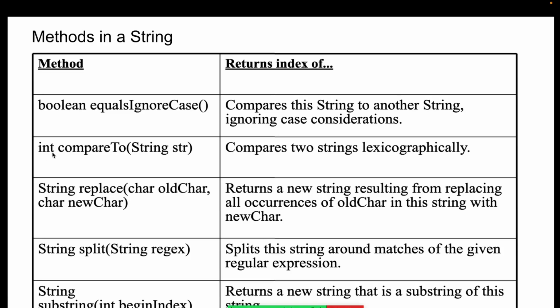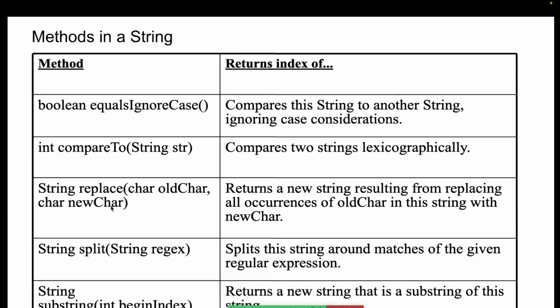This method returns a value of -1, 0 or 1, based upon whether your first string is lexicographically smaller, that is alphabetically. You can check two strings and get to know which string comes first alphabetically. So it is used for that comparison.